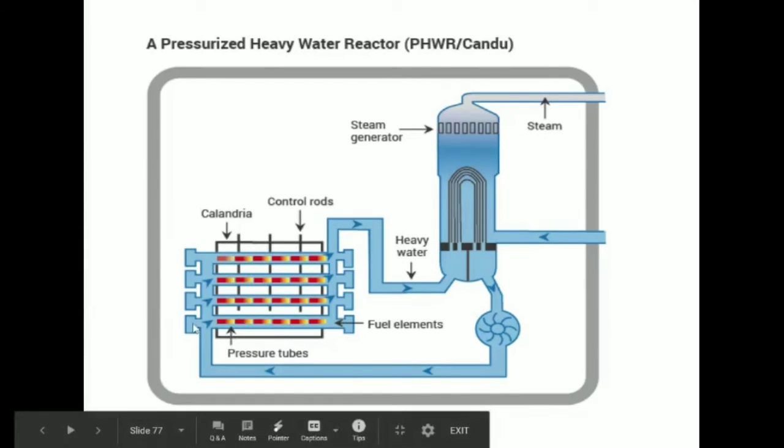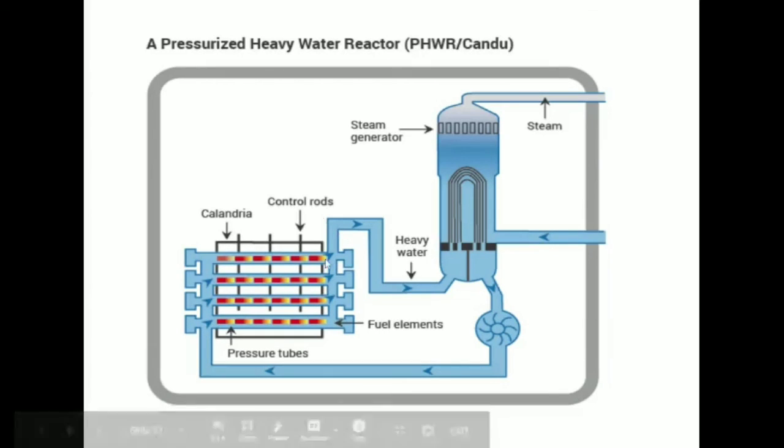Through the pressure tubes, this heavy water is being circulated. Then heavy water, after collecting the heat, goes to the steam generator, where the heat is transferred to water and steam is being produced. Steam after use, after getting condensed, comes back to the steam generator again.